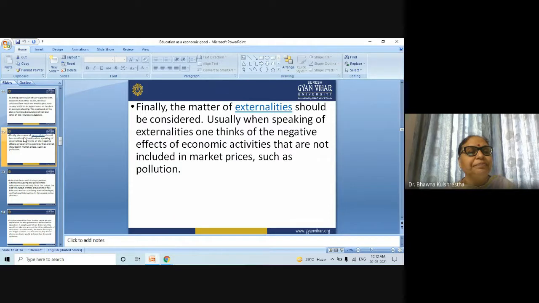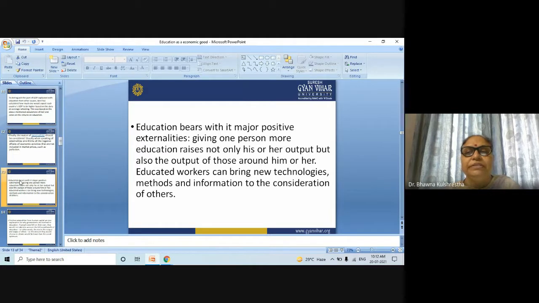And the next is education and externalities. Let us measure positive externalities. Giving one person more education raises not only his or her output, but also the output of those around him or her.